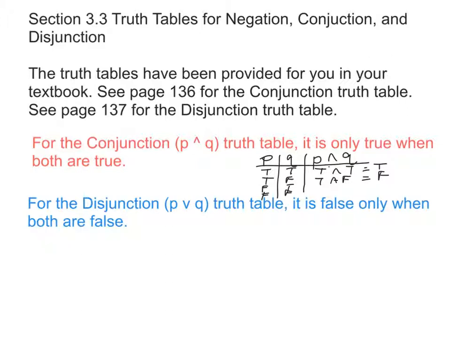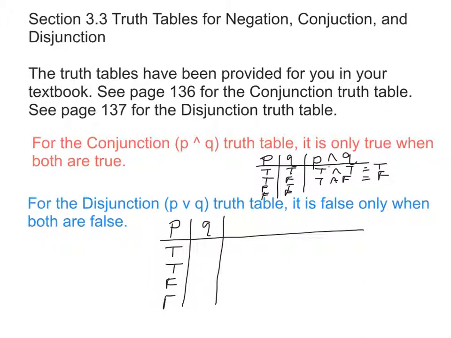Okay? Whereas for the or, you have P, you have Q, you have true, true. This does not change. False, false. For Q, true, false, true, false. For P or Q, as given in your textbook, true or true is true.